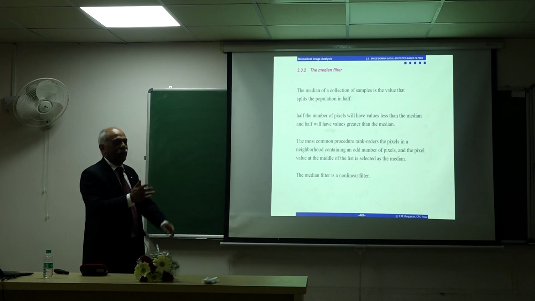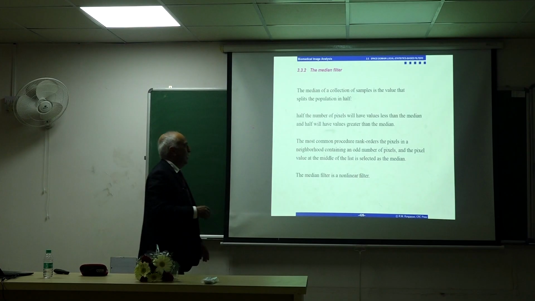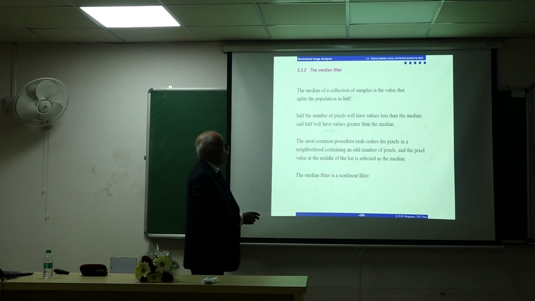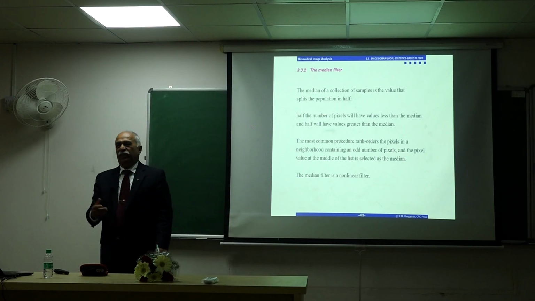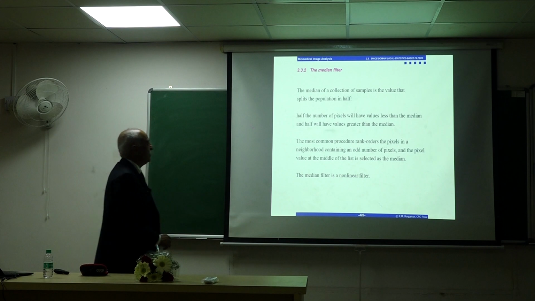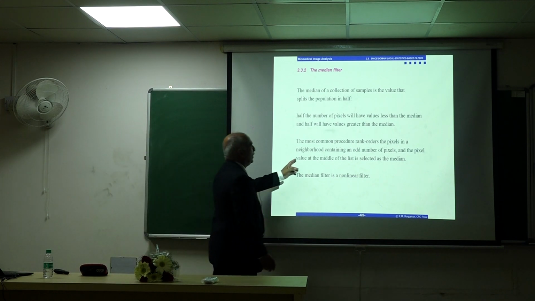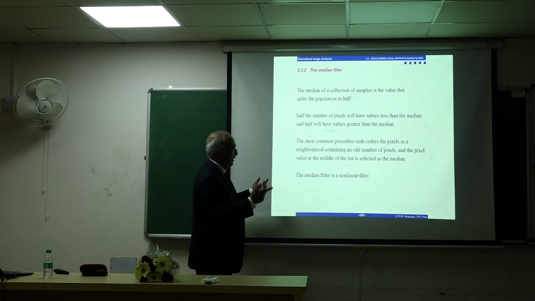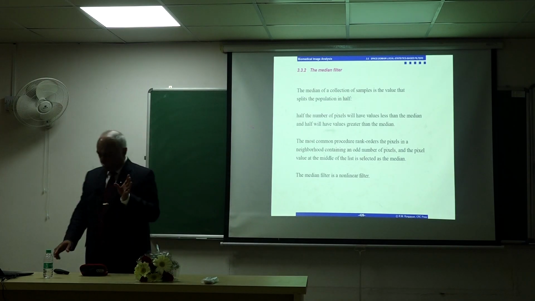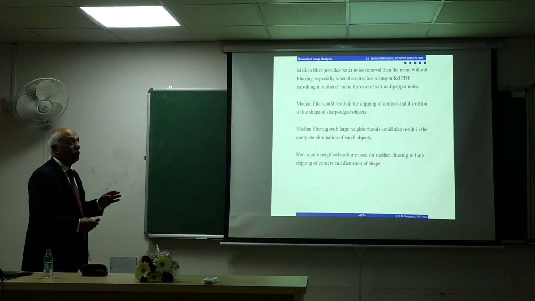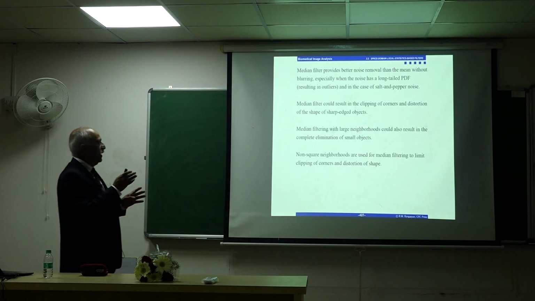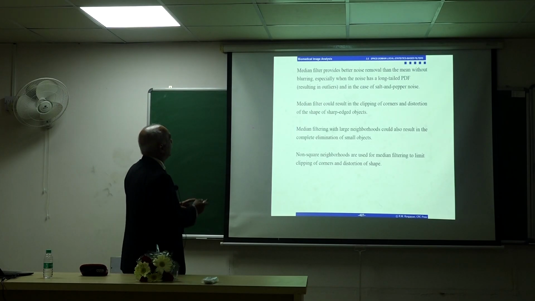It's not necessary to rank order all of them, but you can do that. You use an odd number of pixels in the neighborhood, like 3 by 3, 5 by 5, so that you can find the pixel in the middle of the distribution. So after rank ordering, the middle value is selected. It's a nonlinear filter, but it can reduce noise without causing blurring. But there are some other problems which I'll illustrate.